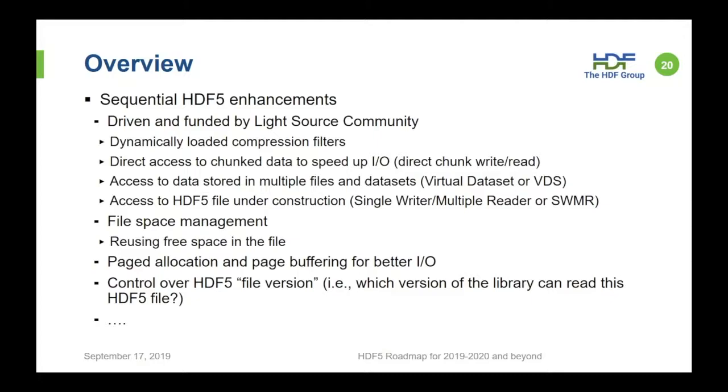We added access to data stored in multiple files and datasets, called virtual datasets or VDS, and access to an HDF5 file under construction. We first started the SWMR project as a project for a hedge fund, but it was never finished. And this community allowed us to deliver what we still call a first prototype, but first of all, it's working.